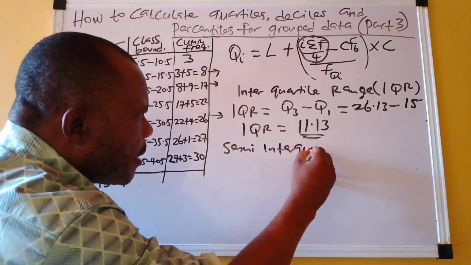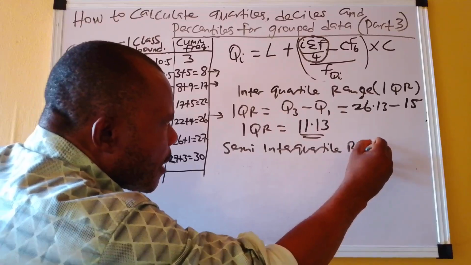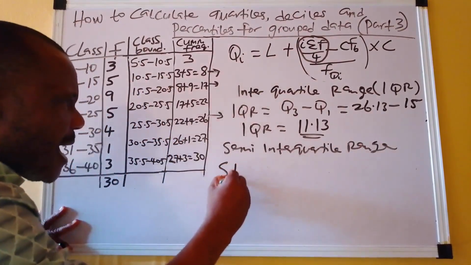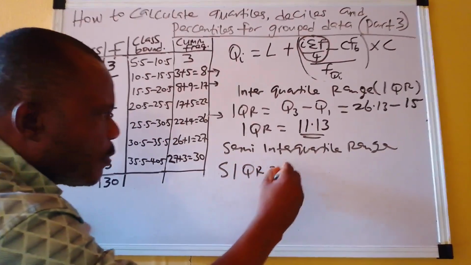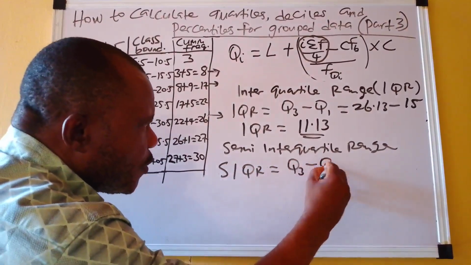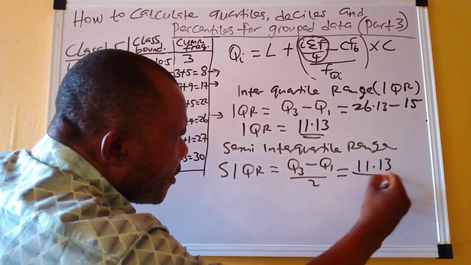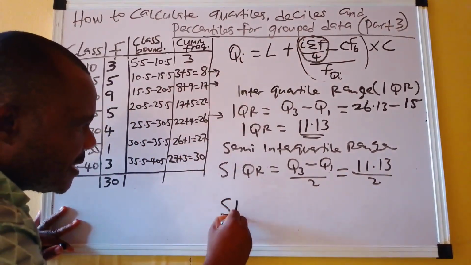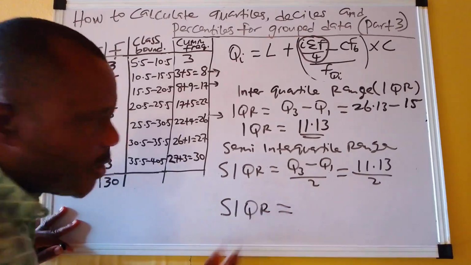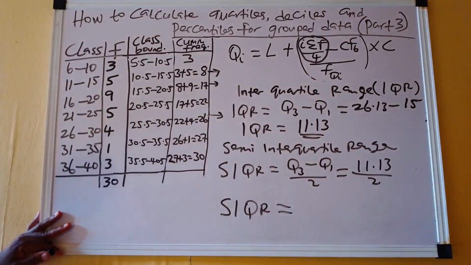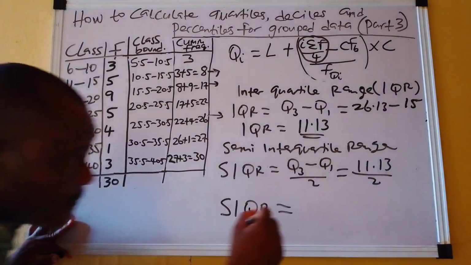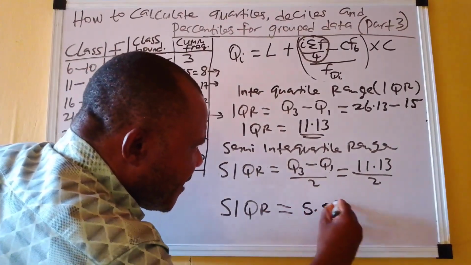Then our semi-interquartile range, SIQR, is equal to Q3 minus Q1 all over 2, and that will be 11.13 all over 2. That is 11.13 divided by 2, and that is 5.57.